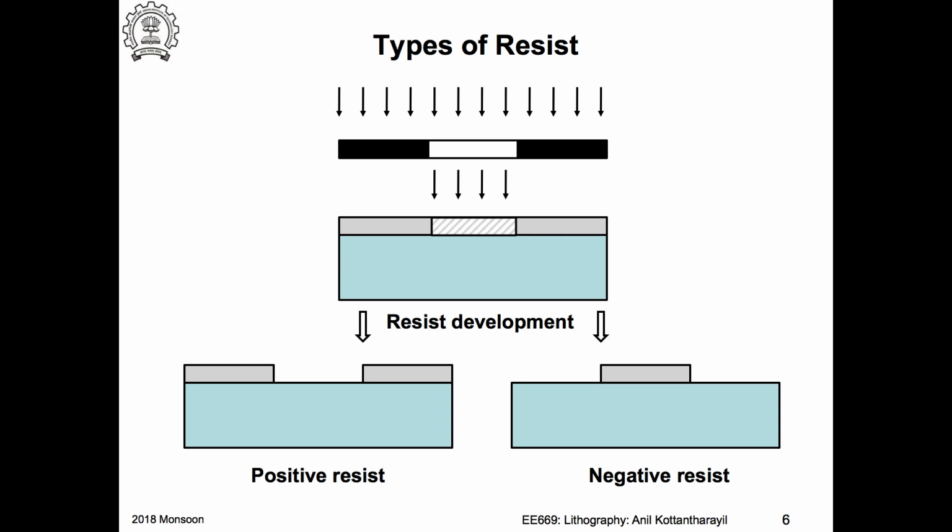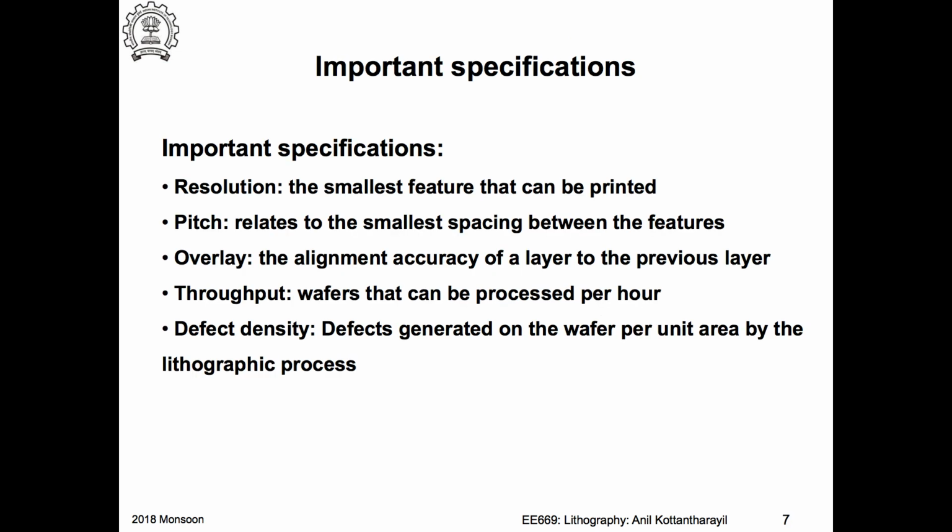Now, if you look at the specifications of a photolithography system, these are the parameters of interest. This is called resolution, the smallest feature that can be printed. What is the smallest size feature that you can print? And when you say print, what do you actually understand by this?